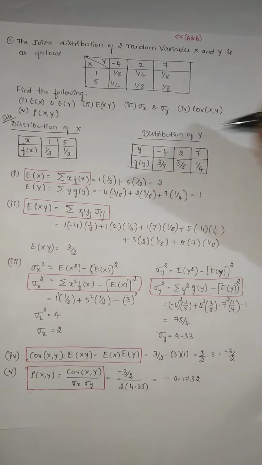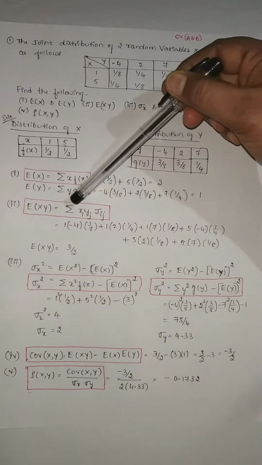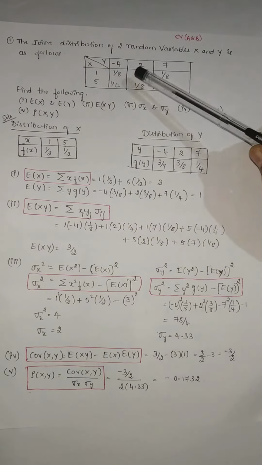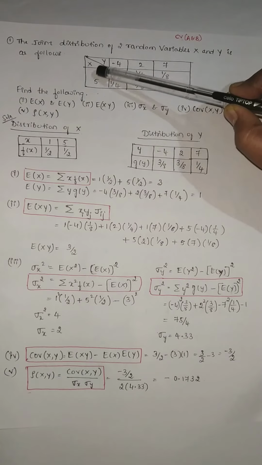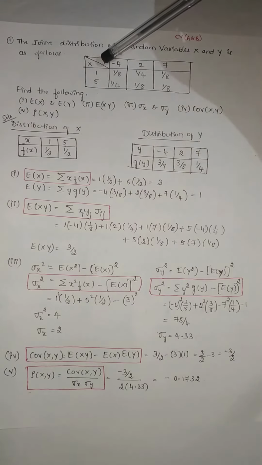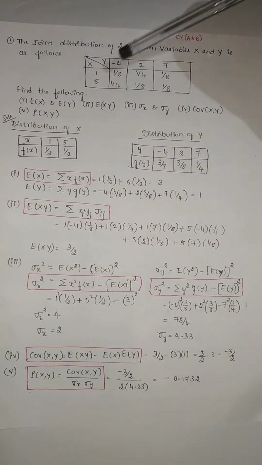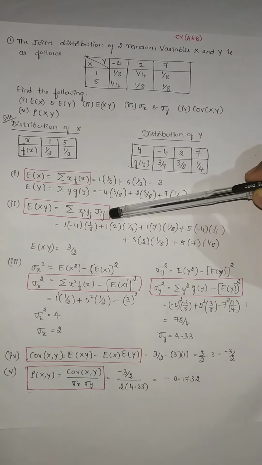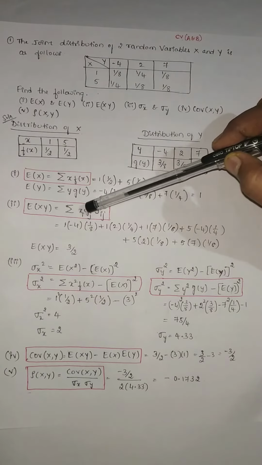Okay, and now in the joint distribution table, you already know x values are there below x, and y values are there in the first row. Now to find E of xy, you need to multiply x, y, jij.